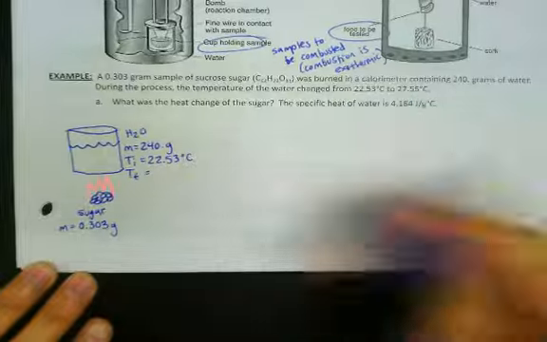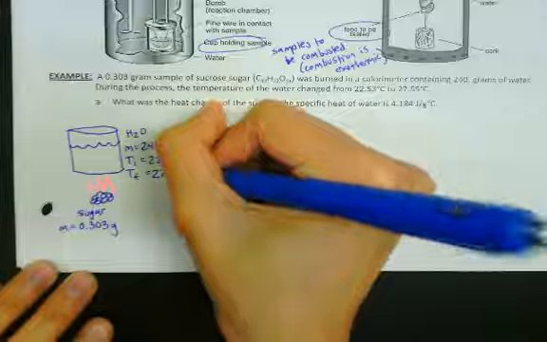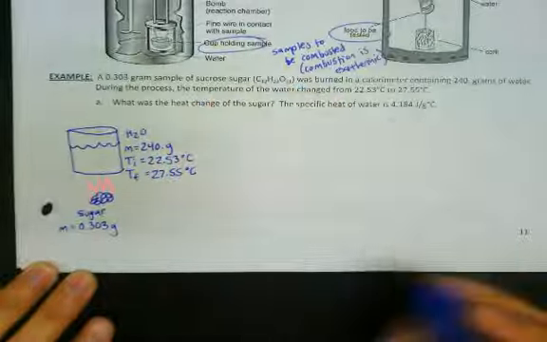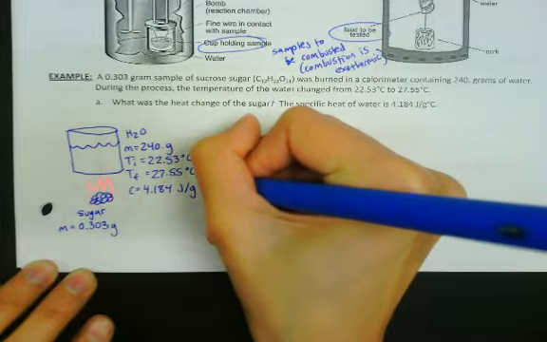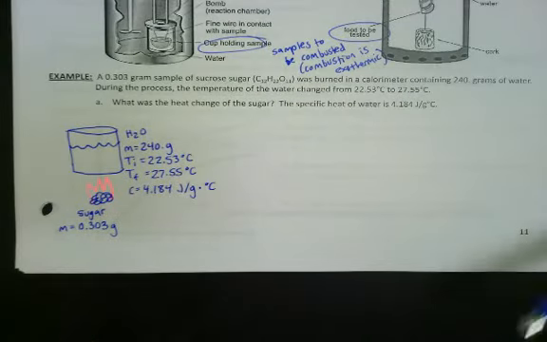It's going from the initial to the final. We also know that the specific heat of water is 4.184 joules per gram times degrees Celsius. Well, that's all the information we know.